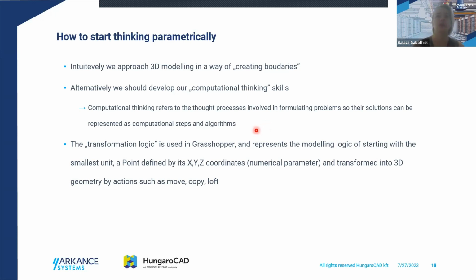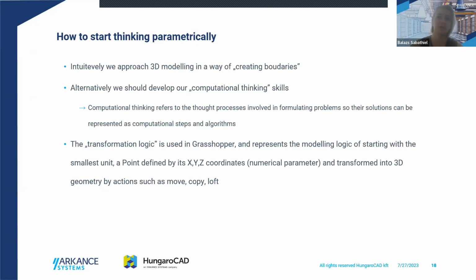So instead of creating a box like I just did, you should think, how can you tell the computer to draw that box or that cube? And the way that's usually done in Grasshopper is what we call transformation logic. That basically is a way of representing or modeling something, thinking of the smallest unit and how to transform it into what you want.